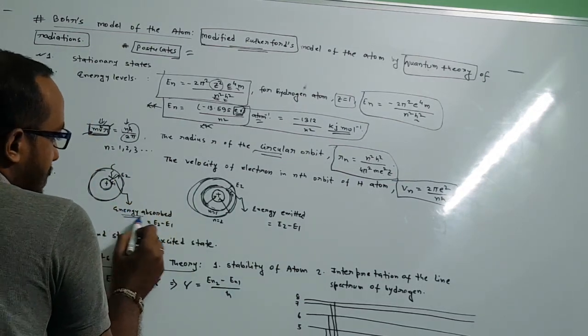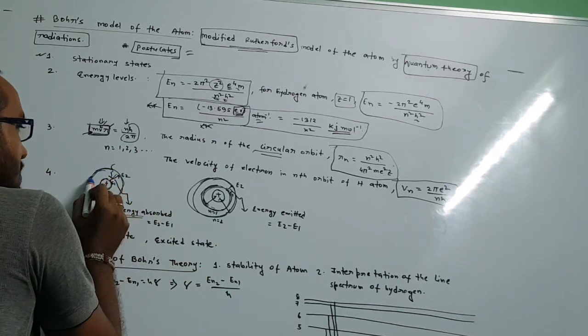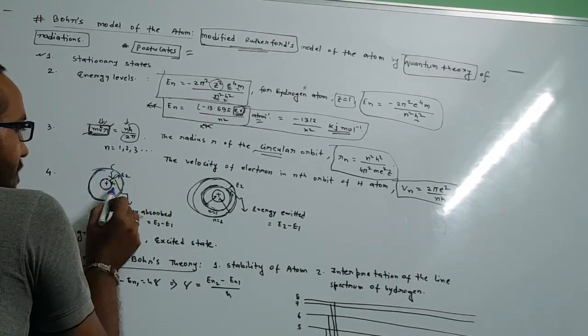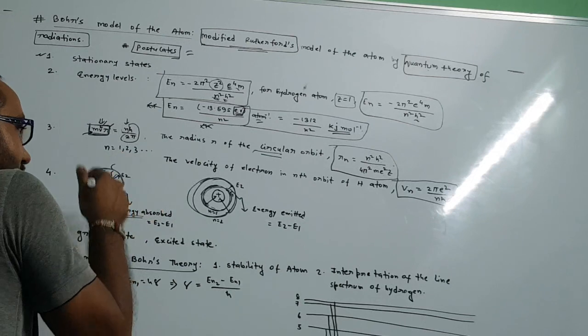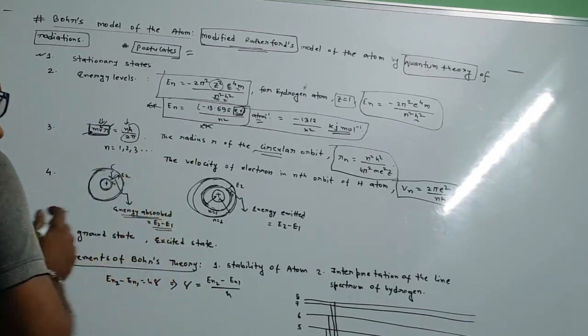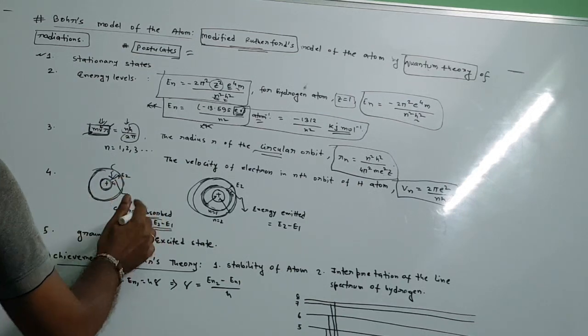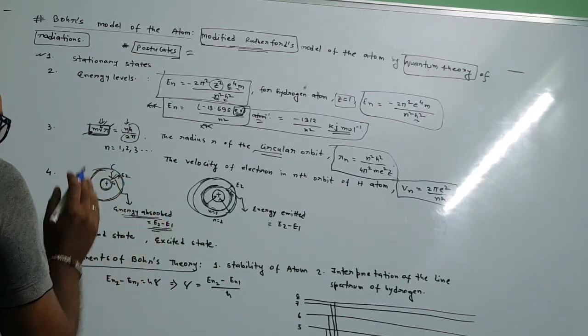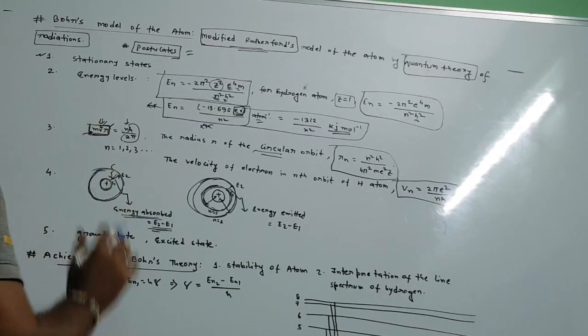The energy absorbed is the energy of where it is going minus the energy of where it has come from. So the energy absorbed is the difference of energy levels, that means E2 minus E1 is the energy required to move it from E1 to E2.